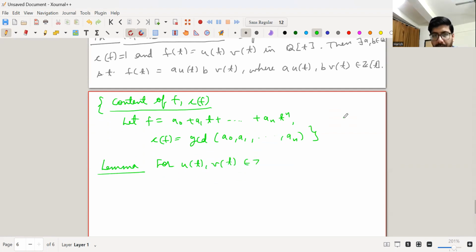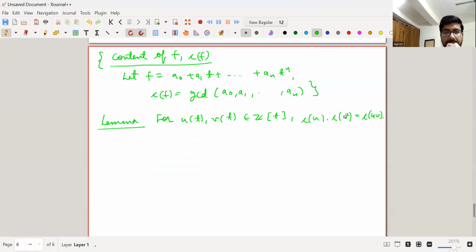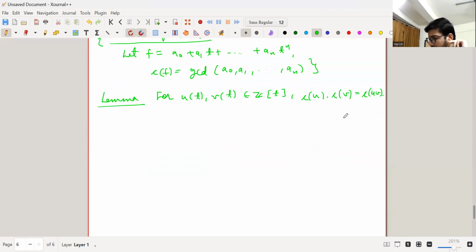If you have two polynomials u and v in Z[t], then the content of u times the content of v is equal to the content of uv, right? Next it has a corollary, which I think one can skip because it's a direct application of it.